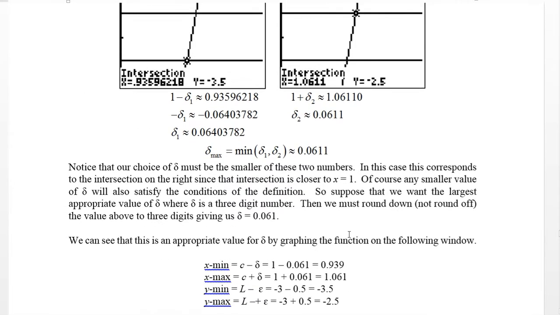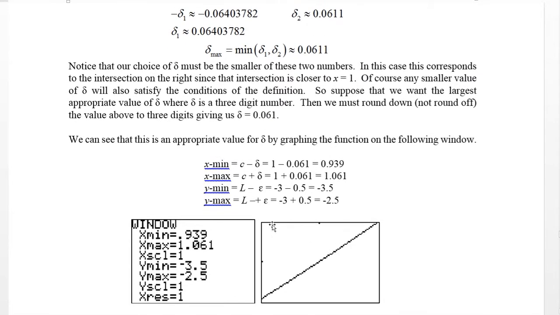So how can we go back and check this, make sure we've got the right values? Well, we want to graph the original function, and we want to do it on this window. The window we want to use is x min, which would be c minus delta, so that's 1 minus 0.061 or 0.939.